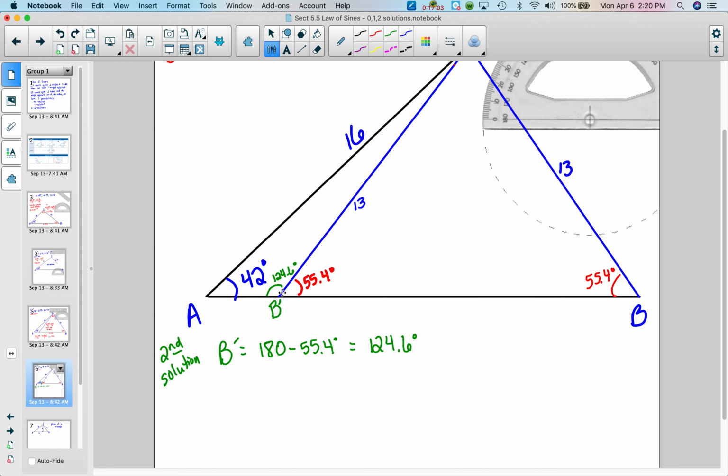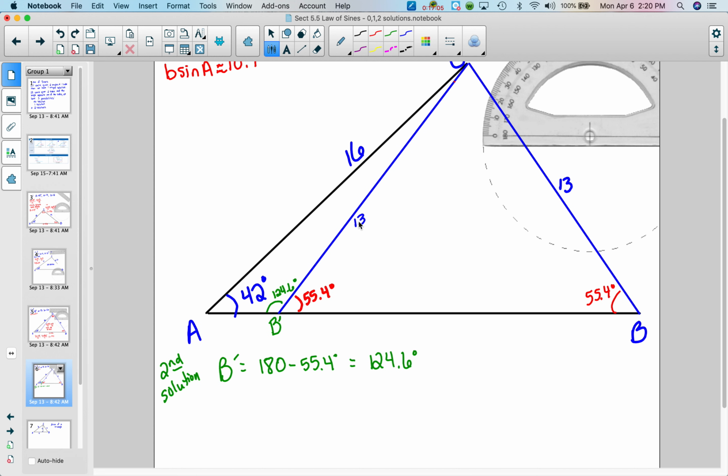Well, if I know that that is angle B and I know angle A, notice that I also have a new angle C. I'm going to call that C prime. So to figure that one out, I'm going to have to add 124.6 plus 42 and subtract that from 180.